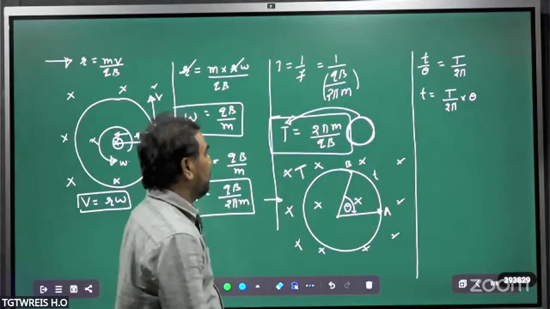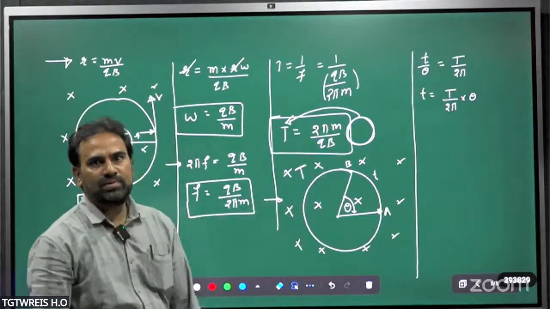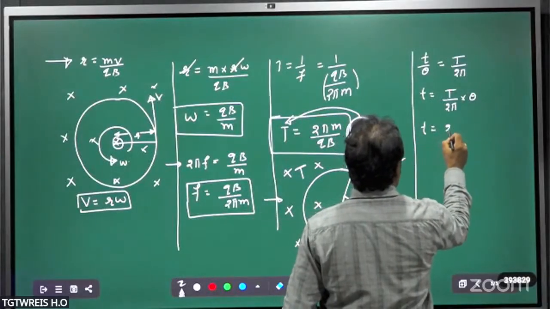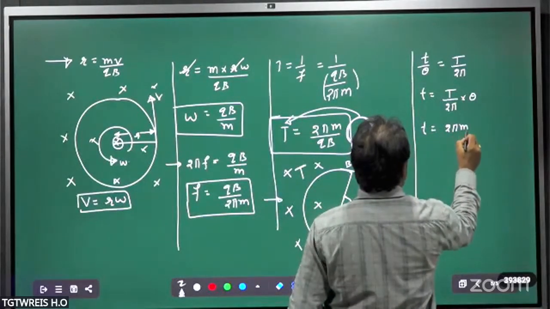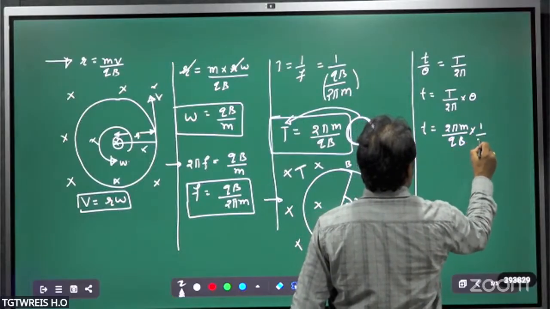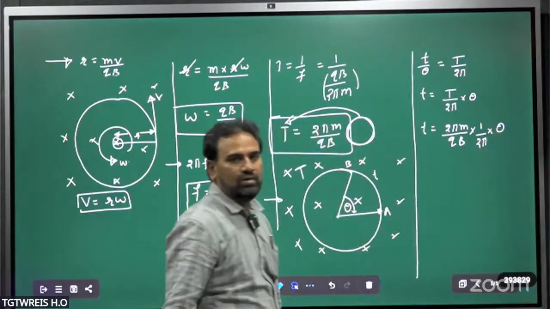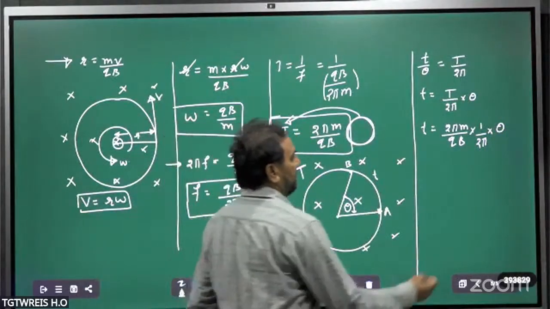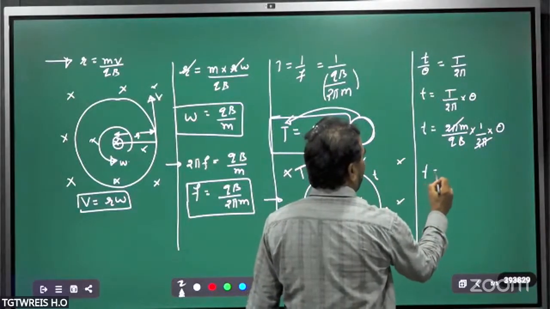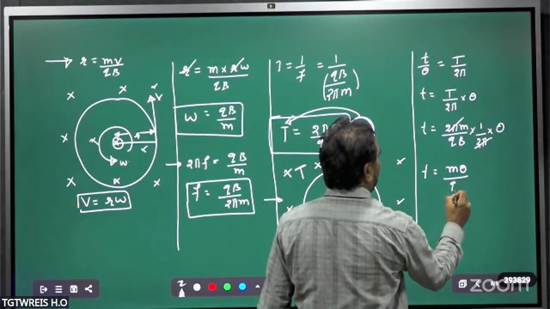But what is the value of T for the complete one rotation? 2 pi m upon qB. That is, t is equal to 2 pi m upon qB into 1 by 2 pi into theta. Here 2 pi will get cancelled out. Therefore, t is equal to m theta upon qB.